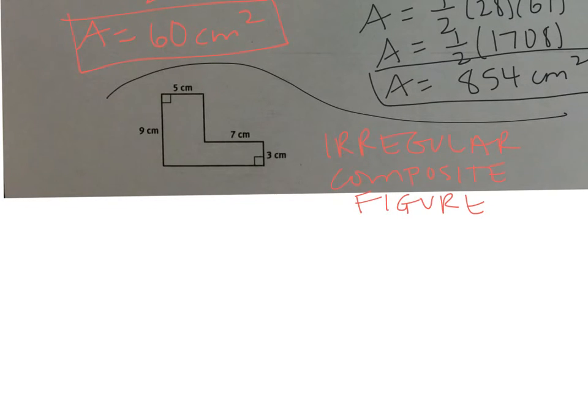So if you've never tackled these before, you just decide whether you're going to cut it like this and try to find this rectangle and add them together, or you're going to cut it like this, and you're going to find this rectangle and add them together. That looks easier to me because I see 9 and 5 right here, so I know this is 45, boom, I'm done. Now I've got to figure out this, 7 and 3, that's 21, boom, I'm done.